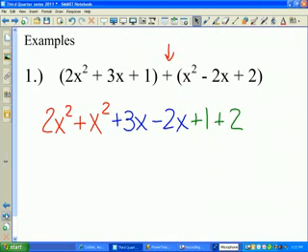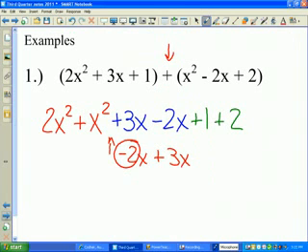Someone asked me, does it matter which order these numbers occur in? It really doesn't matter, as long as you stay true to the signs. For example, the negative 2x, that minus 2x, if I wanted to, I could have said right after this x squared, I could have said negative 2x plus 3x.